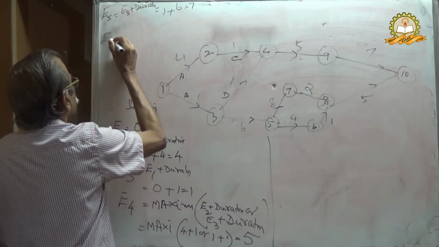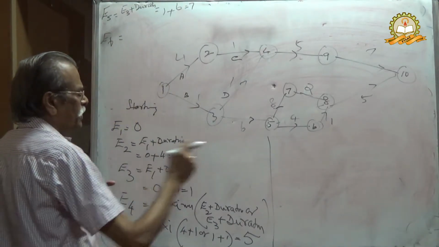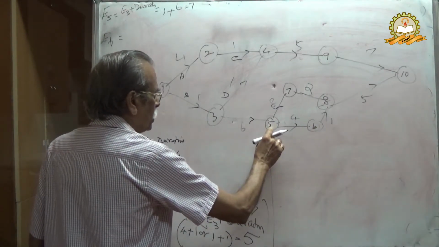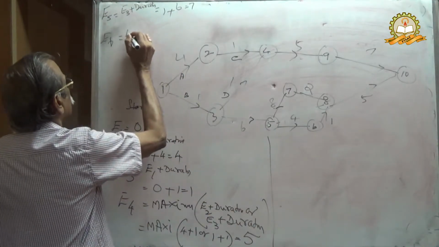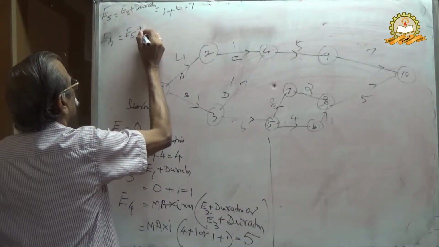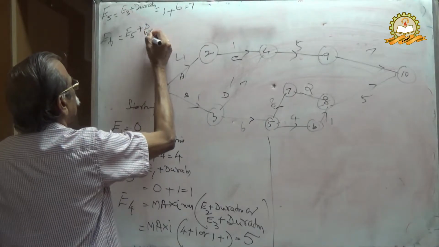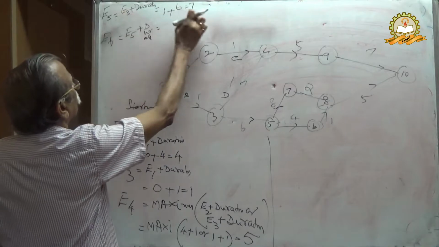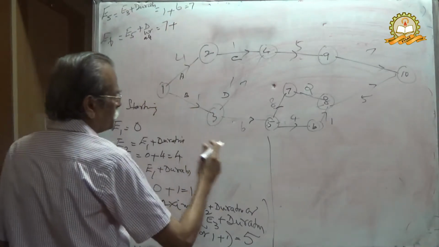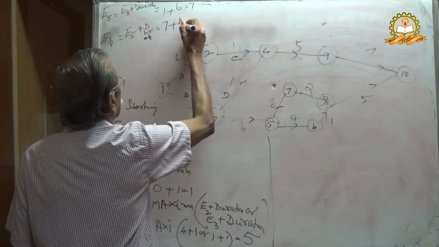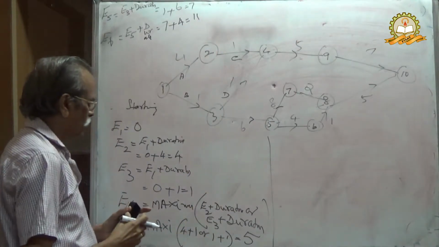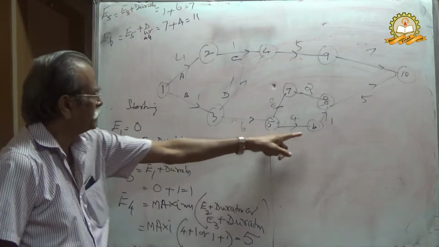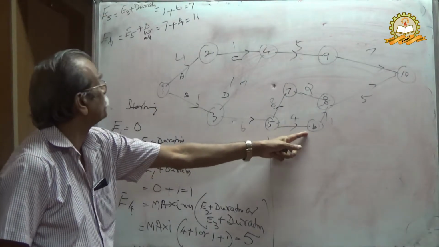Then, similarly, E6 equals E5 plus duration, equal to 7 plus duration 4, equal to 11.